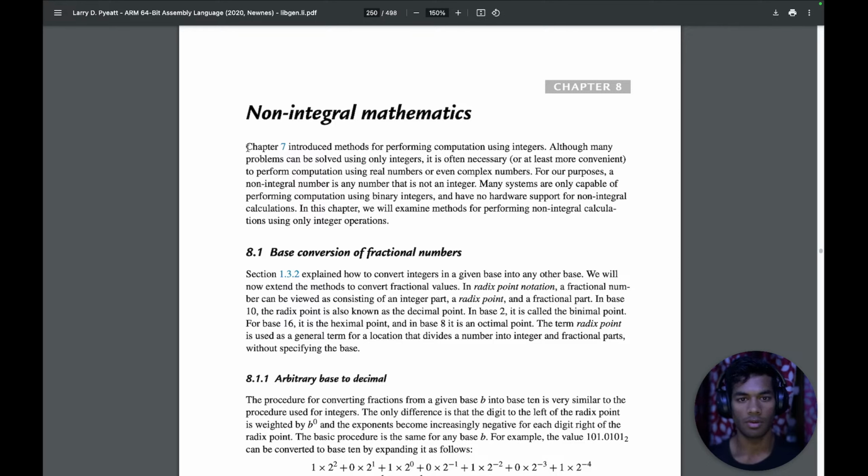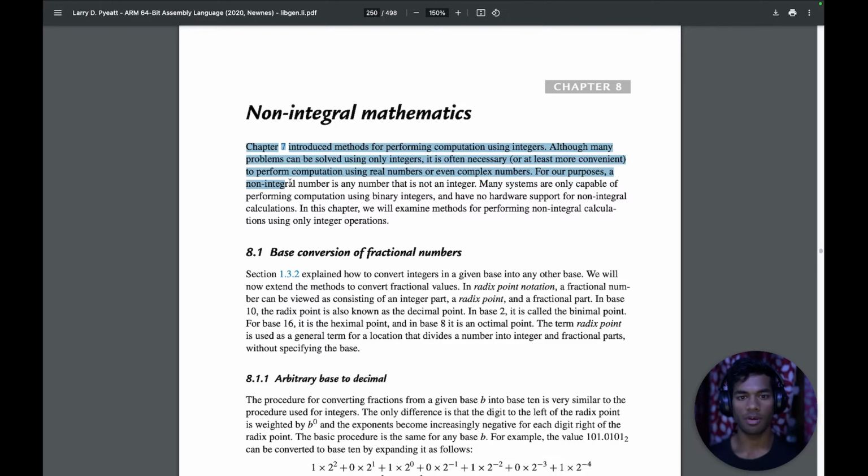Now, let's start with this non-integral mathematics, that is floating point mathematics. And this is going to be a big chapter. Let's see. Chapter 7 introduced methods for performing computation using integers. Although many problems can be solved using only integers, it is often necessary or at least more convenient to perform computation using real numbers or even complex numbers.